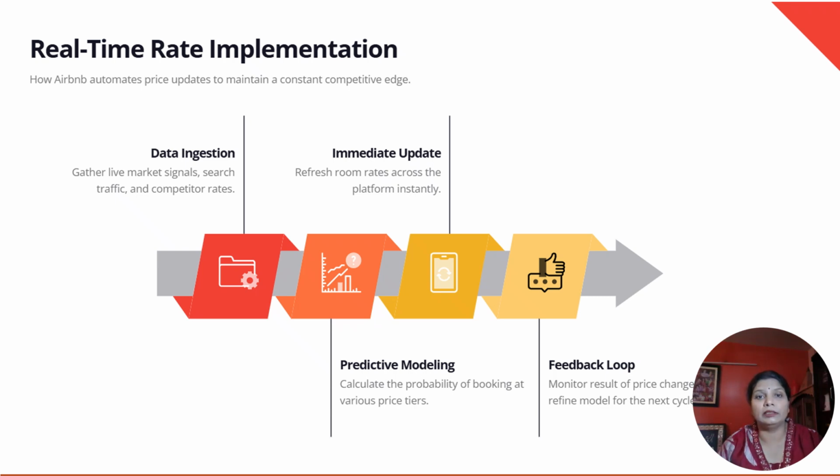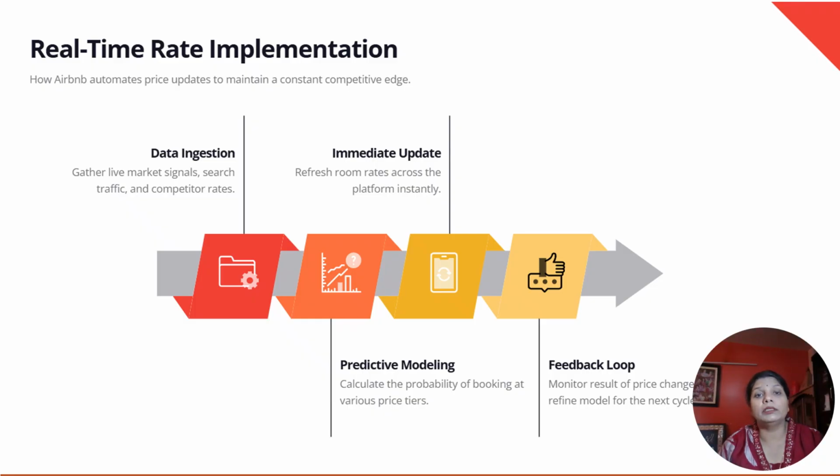The third step is immediate update. Once optimal prices are identified, room rates across the platform are refreshed almost instantly, ensuring listings remain aligned with current market conditions. And the final step is a feedback loop.